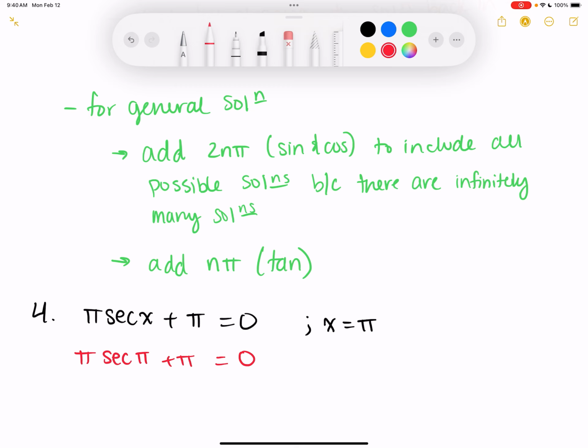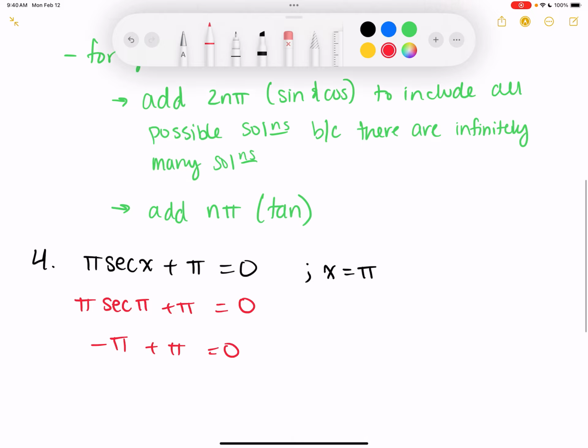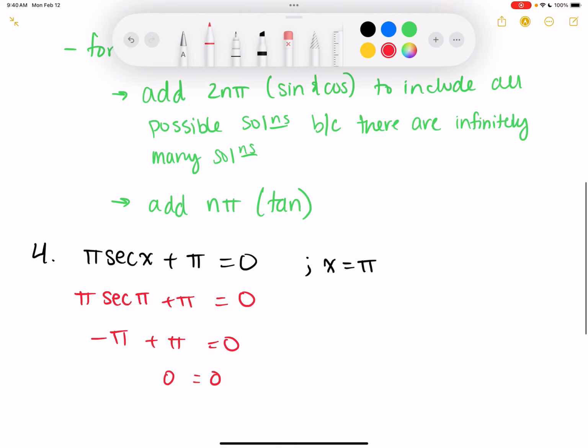So what is the cosine of pi? Cosine of pi is -1, so what would the secant of pi be? -1, right? Because it would be 1 over -1, which is -1. So this is negative pi plus pi equals 0. So 0 equals 0, and we verified it.